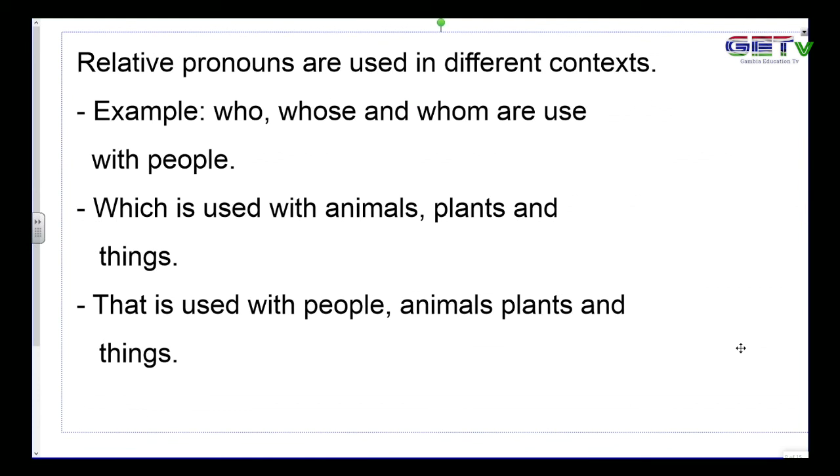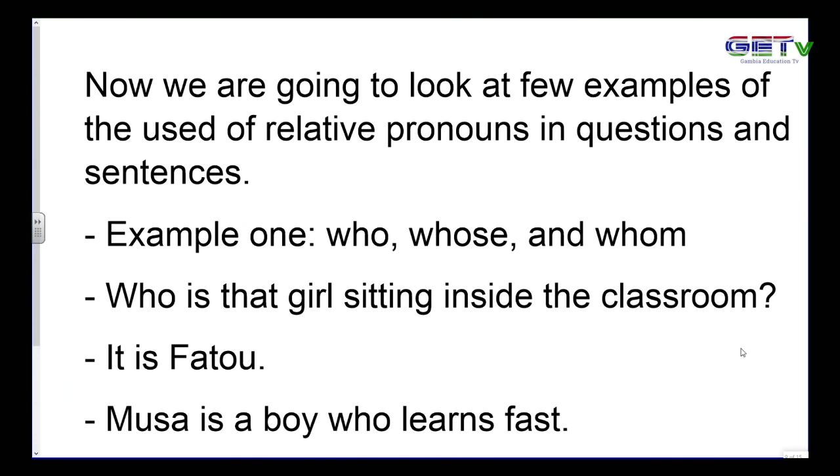That is used with people, animals, plants, and things. Now we are going to look at a few examples of the use of relative pronouns in questions or sentences.